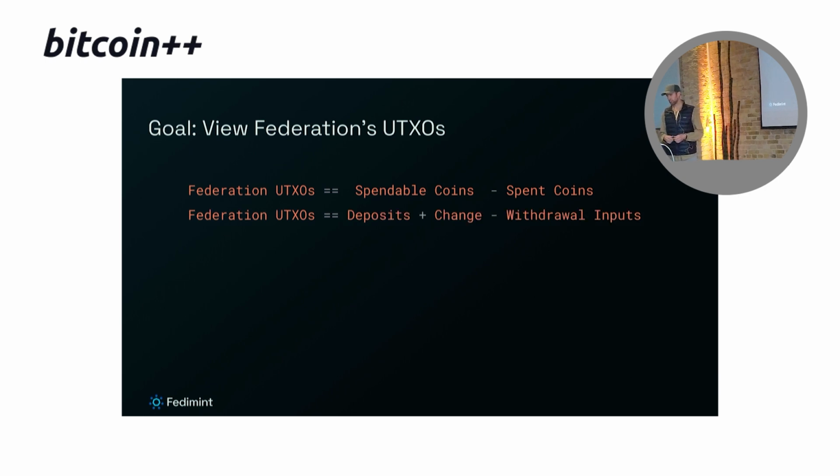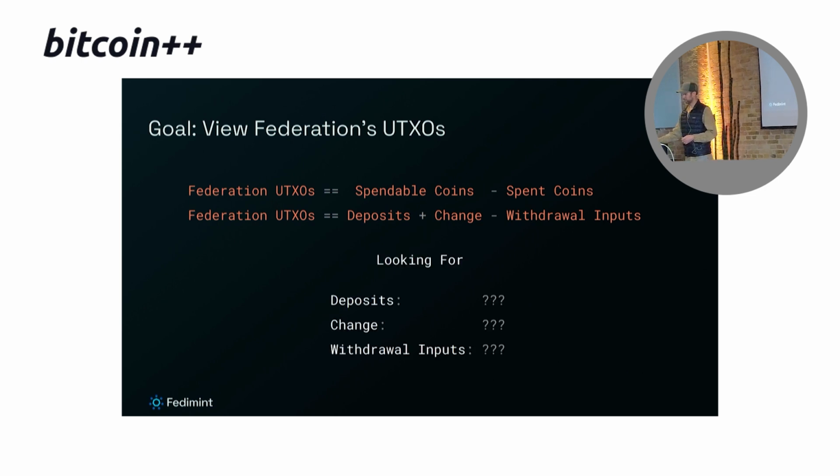So for a federation, all of the coins that have ever been spendable are all of the deposits, then all of the outputs from change, and then all of the coins that have been spent are coins that have been used inside of a withdrawal transaction. Awesome, so we know what we're looking for. We want to see all the coins that have been used in deposits, all of the change outputs, and then anything that's been consumed in a withdrawal.